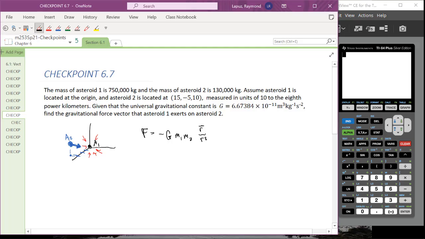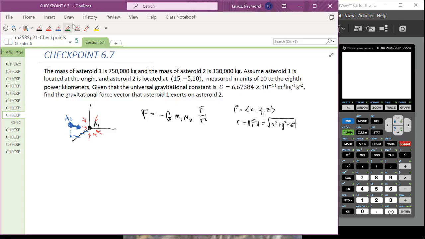Or not, r is not the distance, r is a vector that is going to be that placement of A2. So when we see r with an arrow, we're going to assume that it's the vector x, y, z. And when we see r with no arrow on top, we're going to assume that that's the magnitude of the vector r, which is going to be the square root of x squared plus y squared plus z squared. So we can do those replacements there.